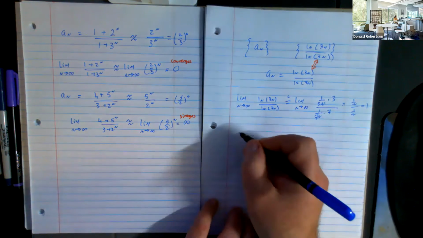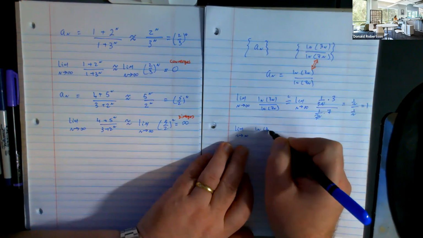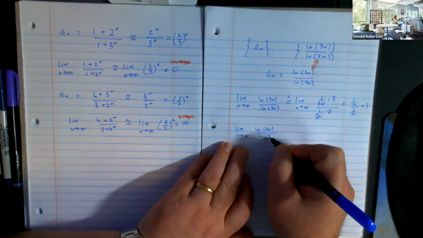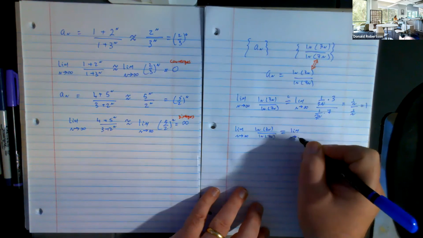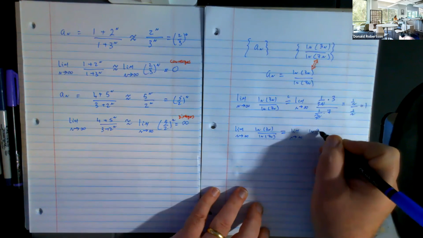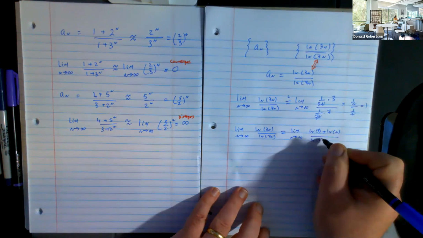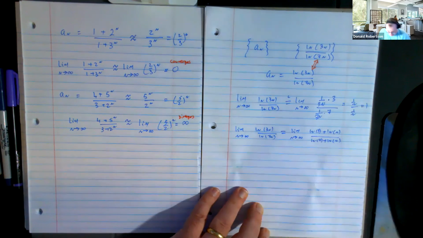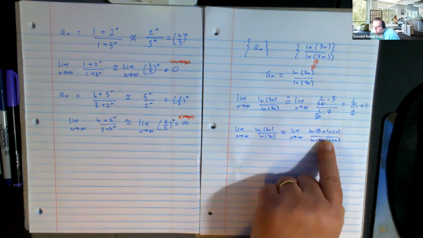Or, as I said, there are two ways to do this question. Can you split the log of 3n as a log of 3 plus the log of n and do the same with the log of 7n? I could do that. Couldn't I do L'Hopital on that and get 1?